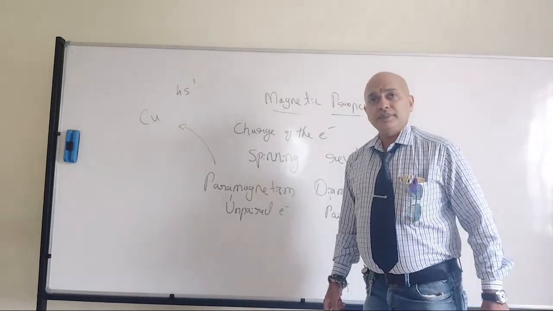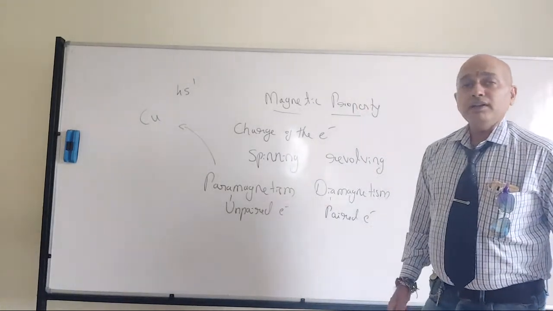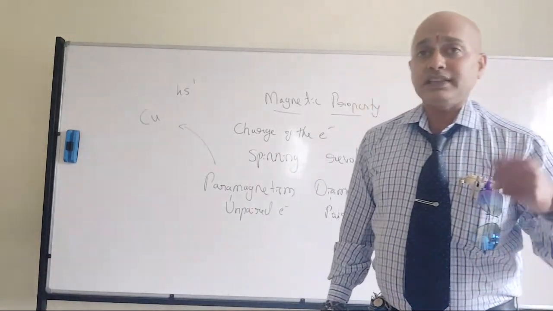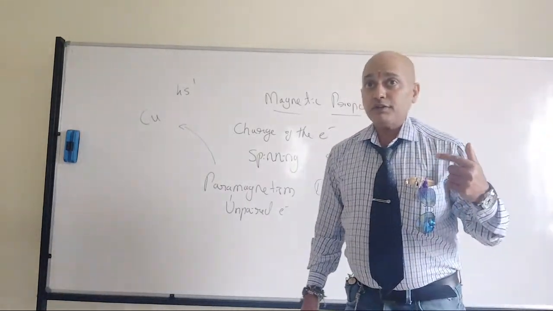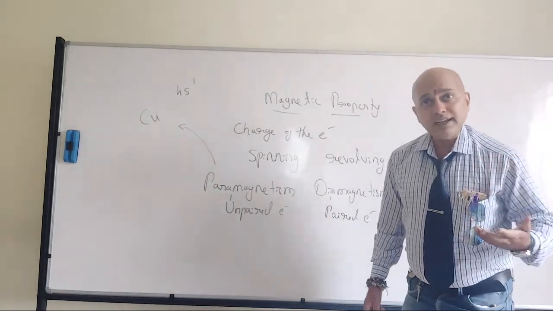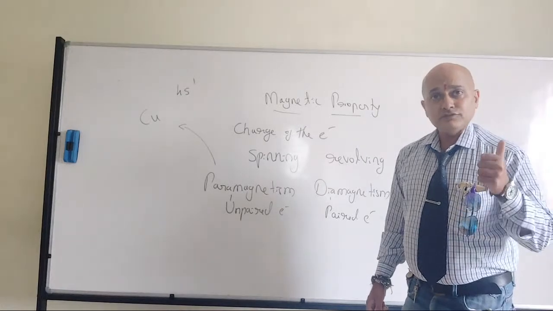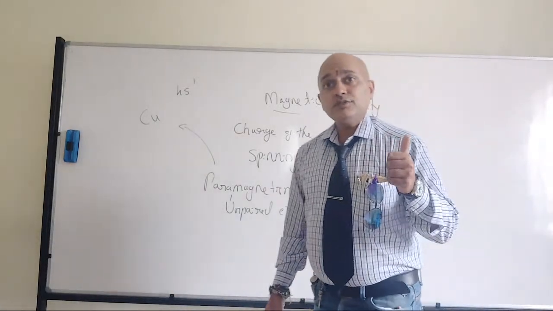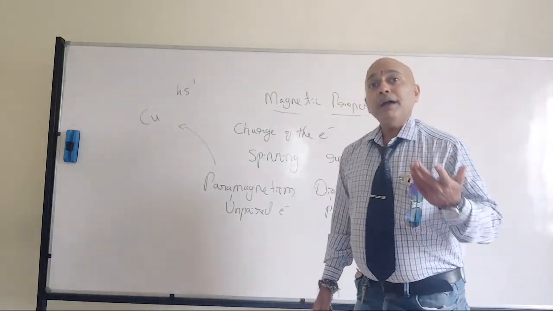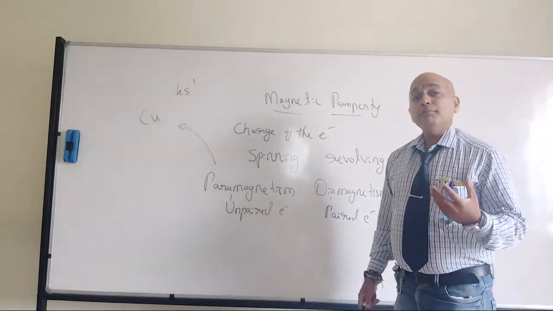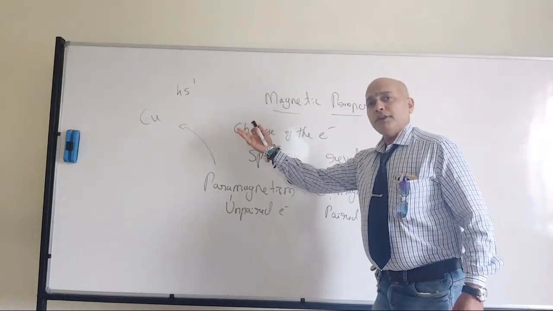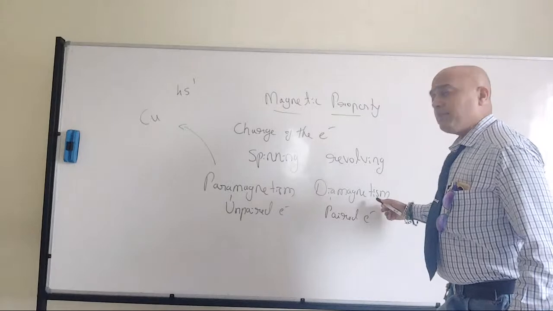Absolutely correct. But in the case of copper, that unpaired electron is present in the s subshell, and all of us know that the s subshell feels more nuclear force compared to any other subshell. That is one point. And since there is only one unpaired electron, that might be the reason why the magnetic property of copper might not be observable.